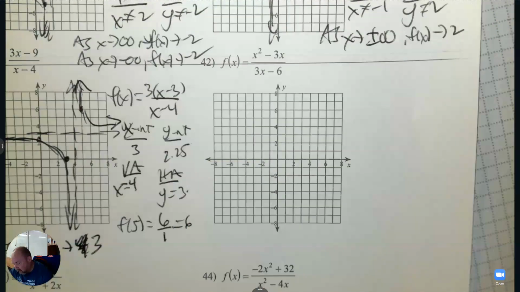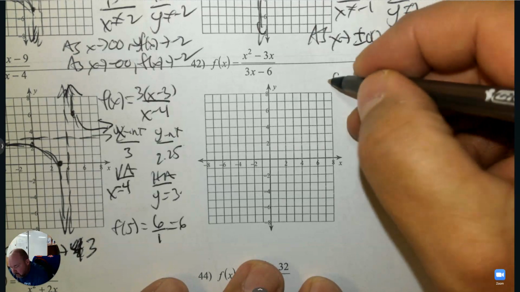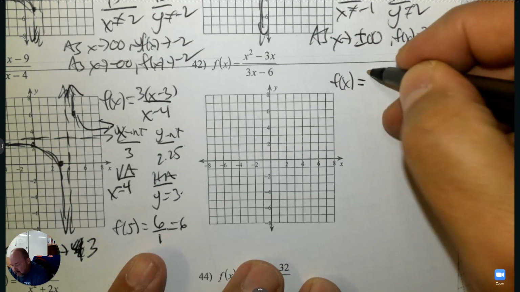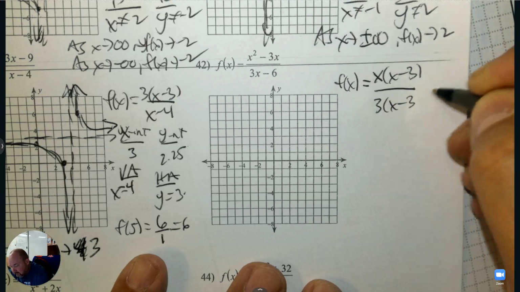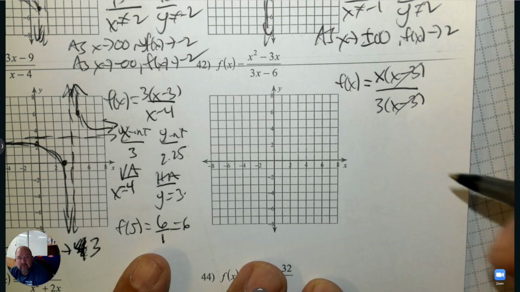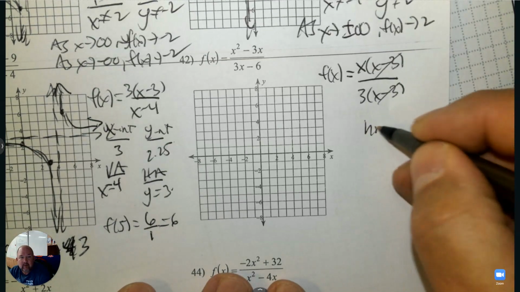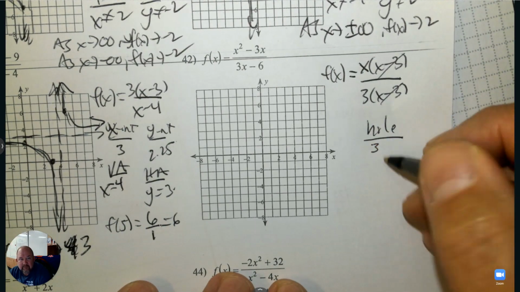All right. This will be my last one, and I'm going to have to do one more video to finish it off. So I'm going to factor out an x, factor out a 3. Now recognize here, we're going to have a hole, because it crossed out at 3.